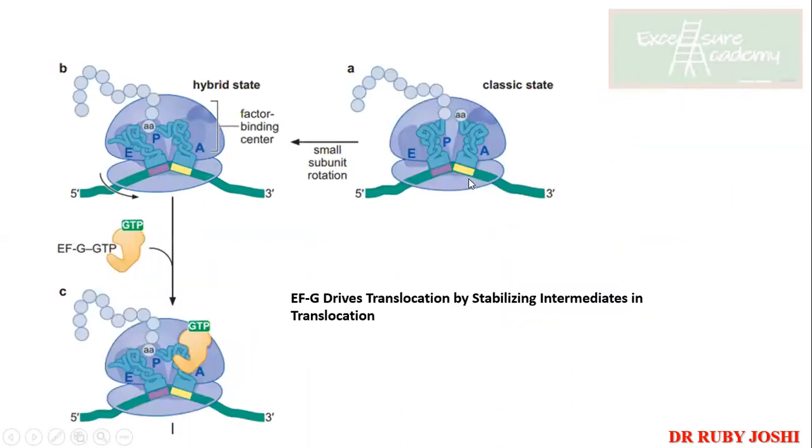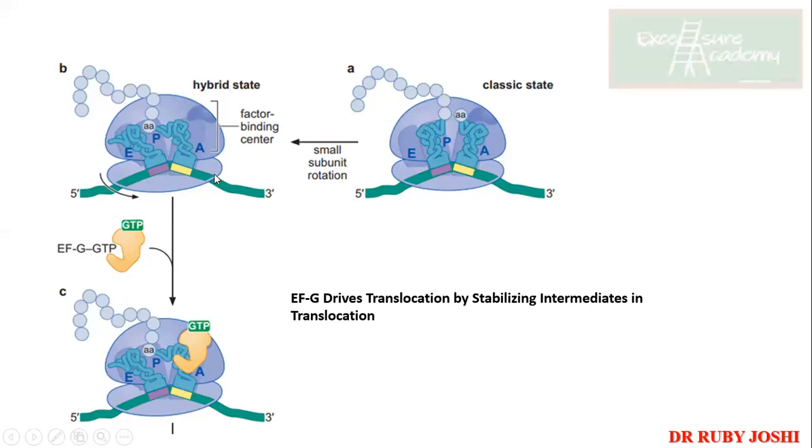So you have got the classic state when aminoacyl tRNA, okay, the peptide bond formation is taking place. It results in the hybrid state. Now hybrid state means where it is bending so that it can undergo peptide bond formation. The factor binding center is free at that time.